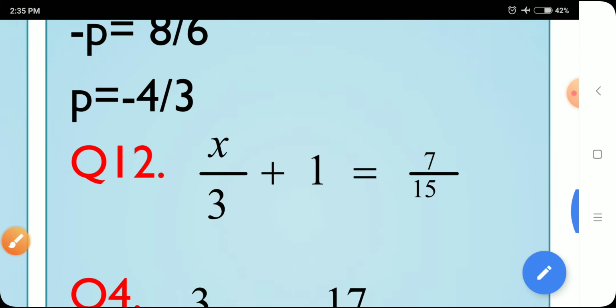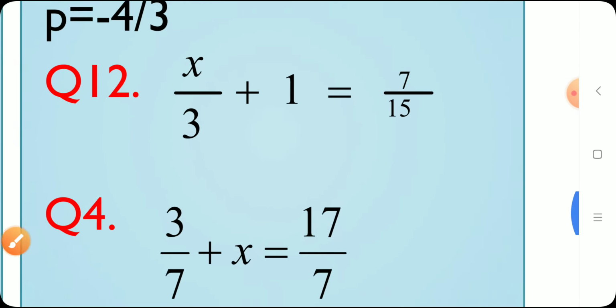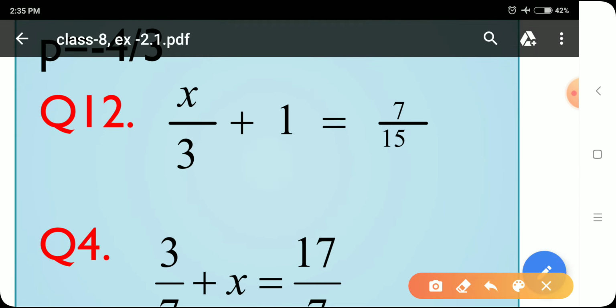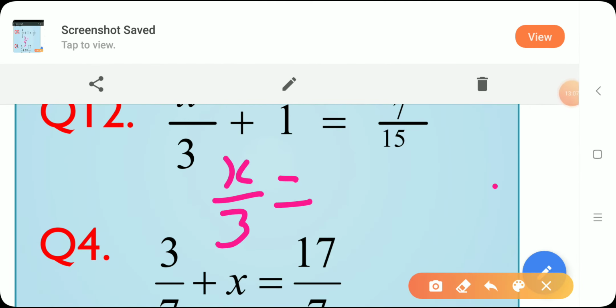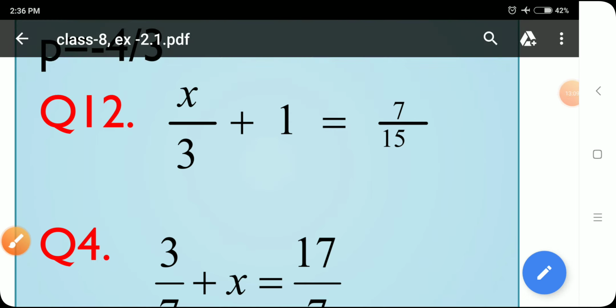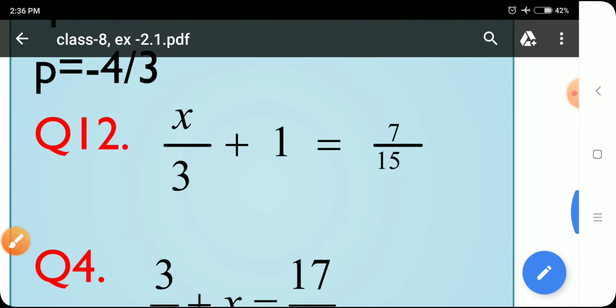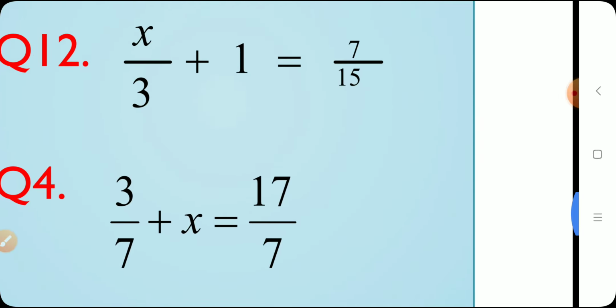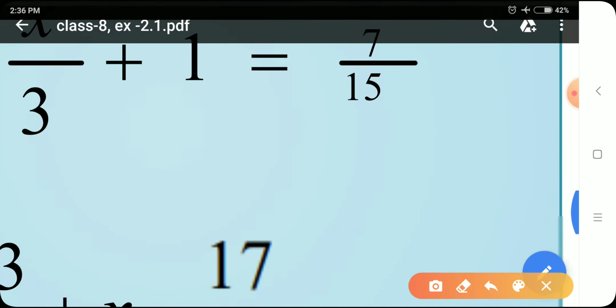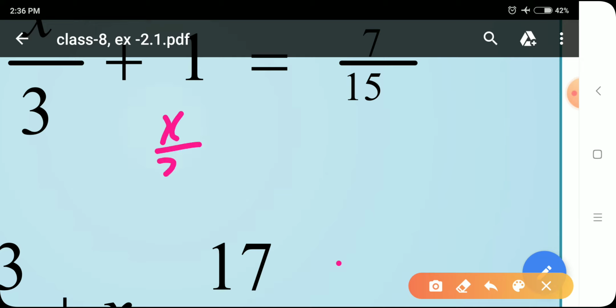Okay, question number 12, I will solve it here. x by 3 is equal to 7 upon 15.